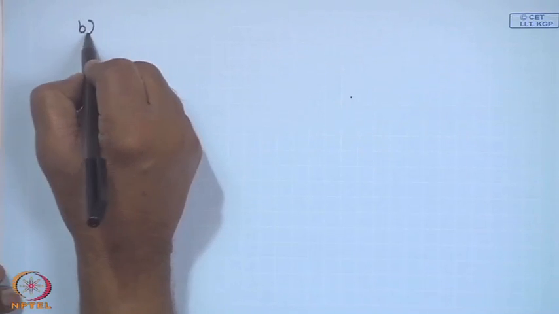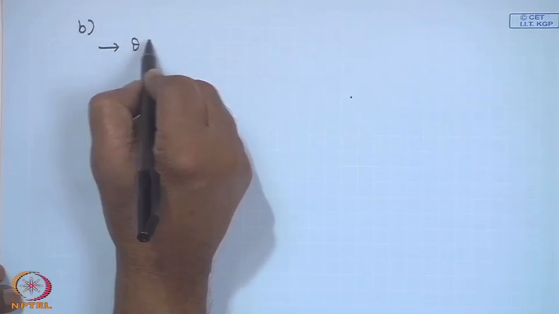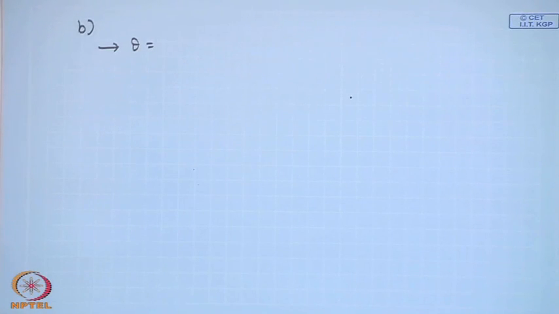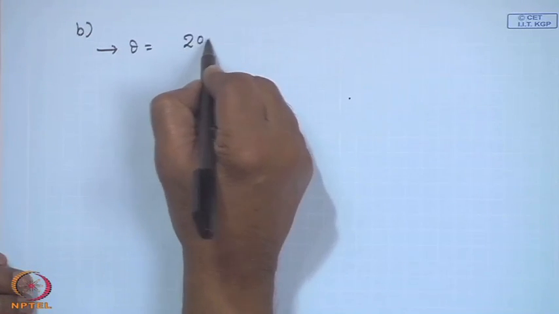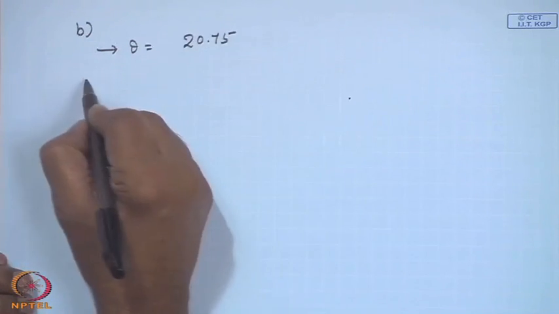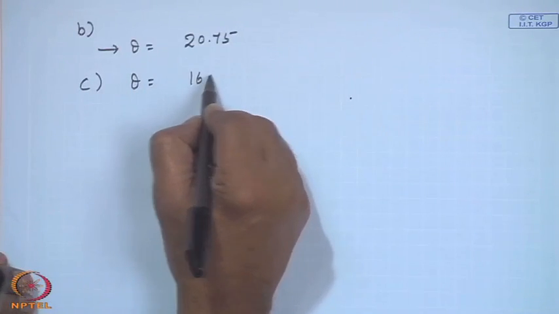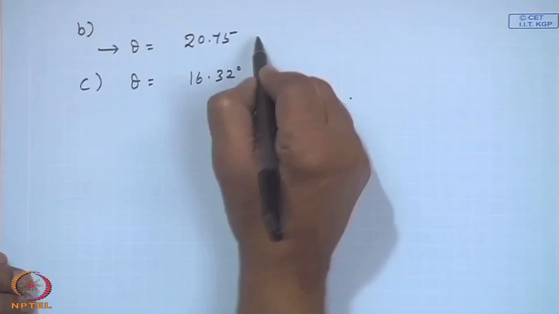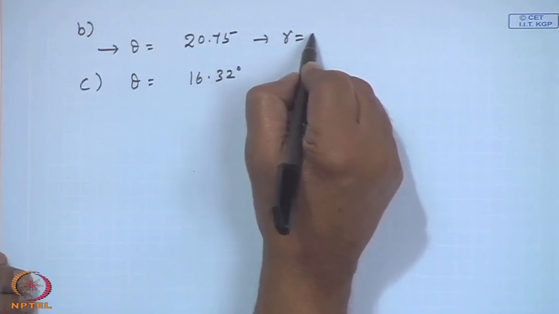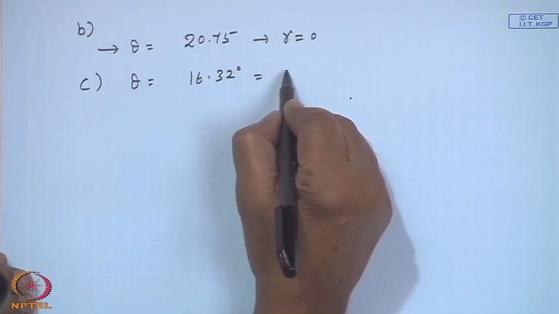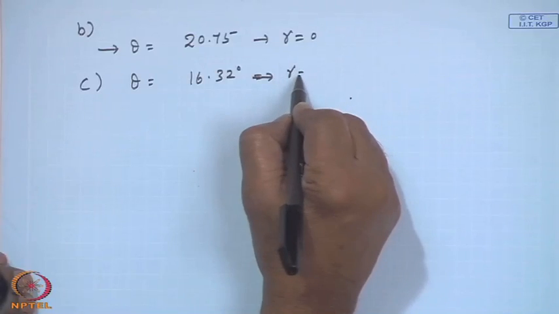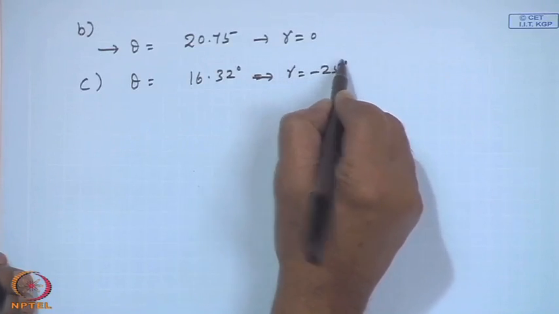We earlier had for B theta equal to 20.75. For C, theta is equal to 16.32. This is gamma equal to 0 and this is gamma equal to minus 25.